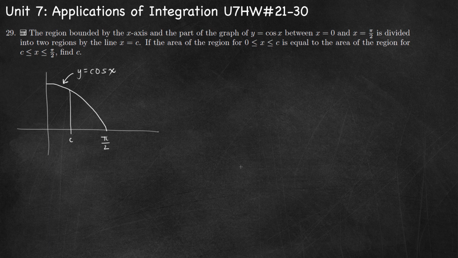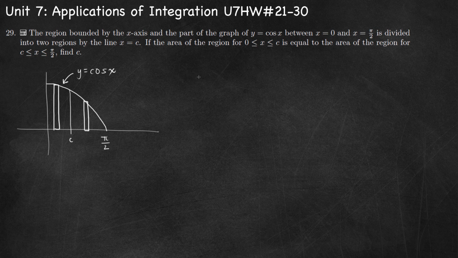And we can set up an integral to find the area from 0 to c, and then the integral from c to pi over 2 and set them equal to each other. So we might do that. Or we could just find the area of the whole thing and divide it by 2. No, that's not going to work. That's not going to tell us what c is. It's just going to tell us what half of the answer is.